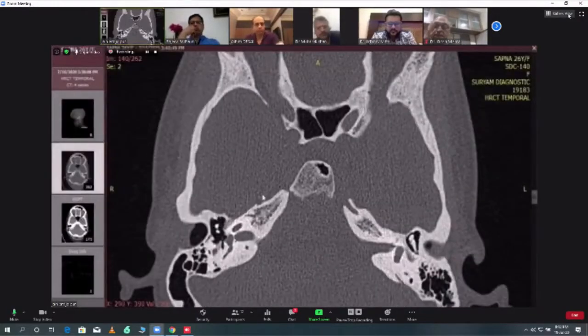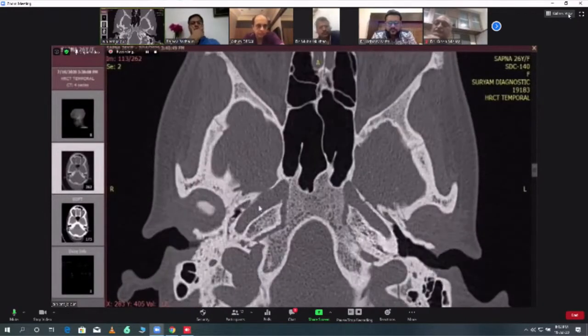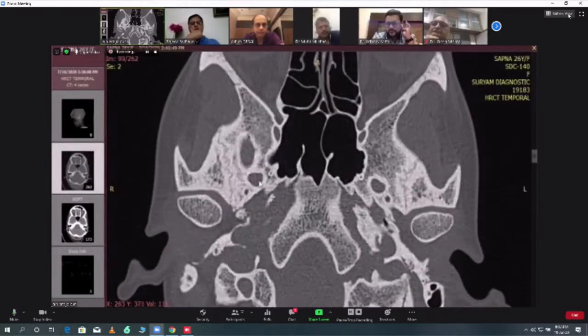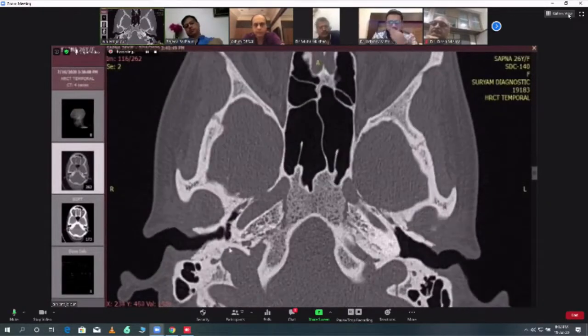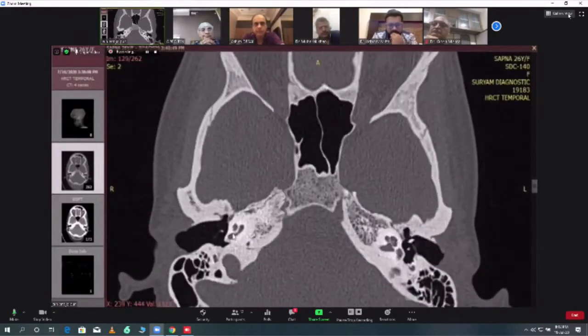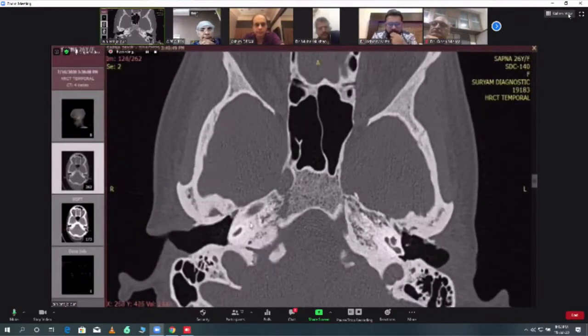So by and large, the dimension of the facial is also normal. The foramen ovale and spinosum are normal. So there is no question of any other abnormality, no third window lesion. The carotid is also good with no communication to the cochlea.